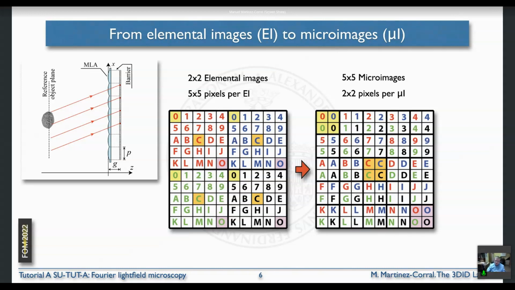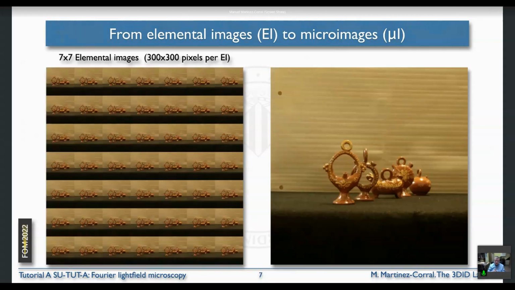So let me show you one example. This image was obtained in our lab quite simply. We didn't use a microlens array. We used a digital camera, which was mounted on a rail in which with a motor we could move the camera to different positions, and then we obtained 7 by 7 elemental images.